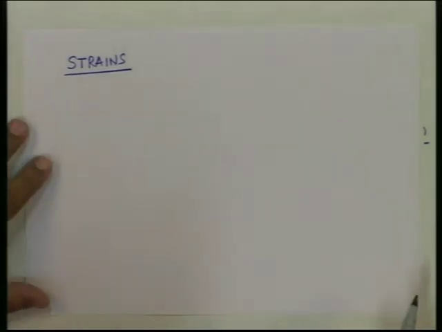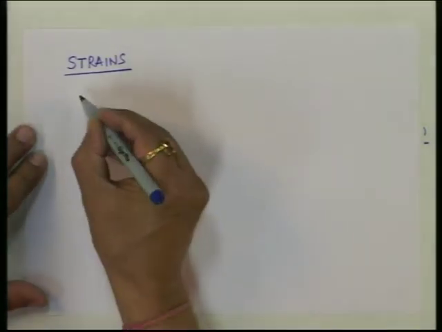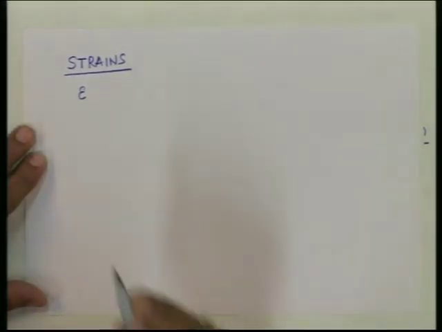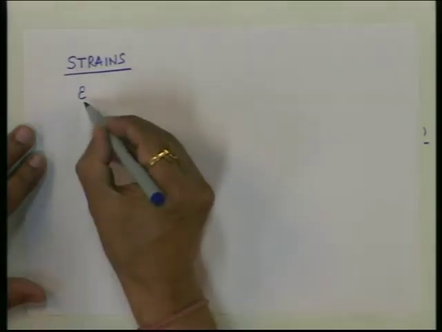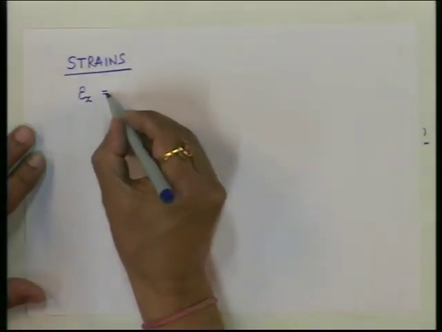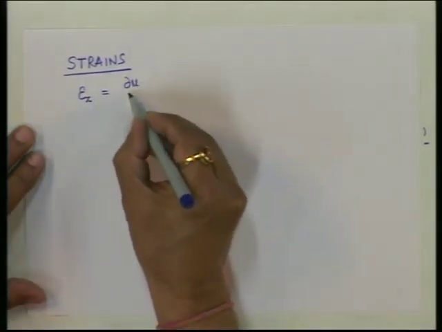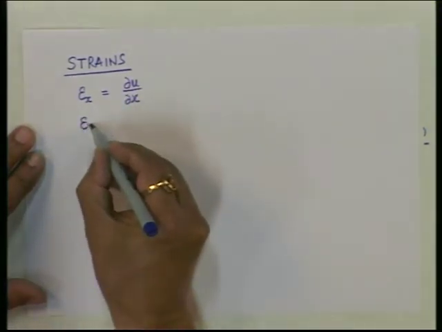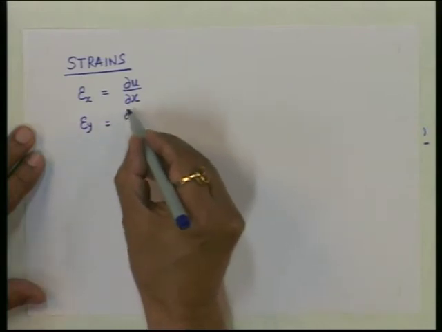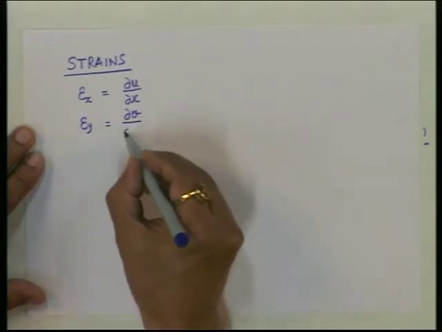In a 3-dimensional body there is a relationship between the continuum displacement and strains. For example, epsilon x, first of all, how many strains are there? 6, yes. So, epsilon x is equal to du by dx, the strain at any point is given by this.